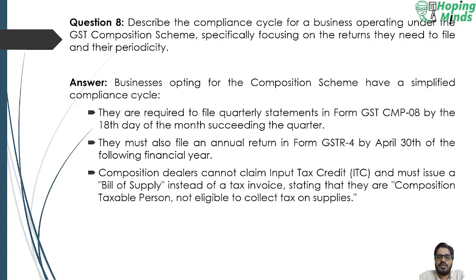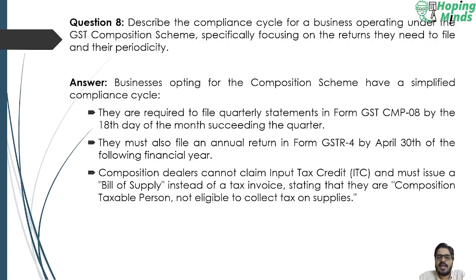Then they must also file an annual return in form GSTR 4 by April 30th of the following financial year. So in the previous budget, this 30th April has been revised to 30th June. So the due date for filing of annual return by composition dealer in form GSTR 4 is 30th June.